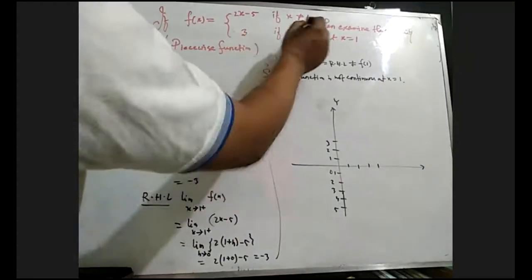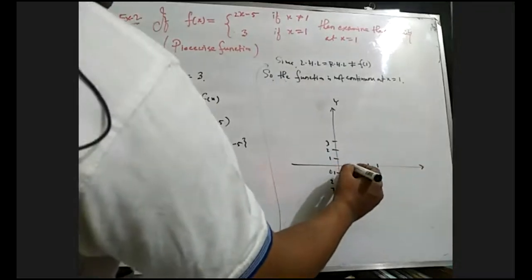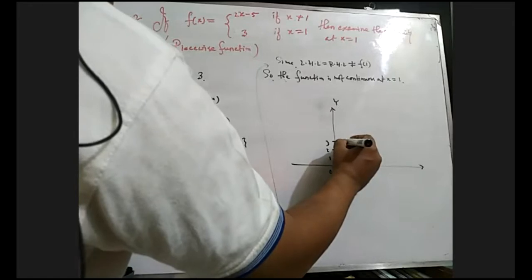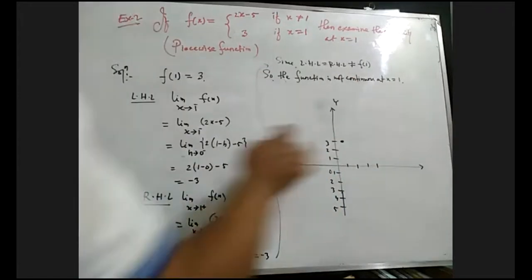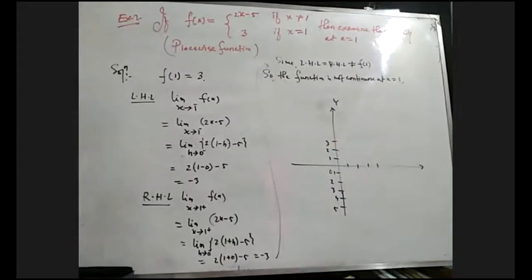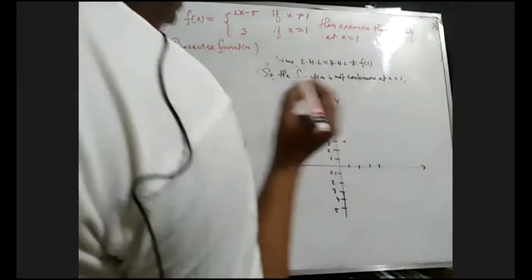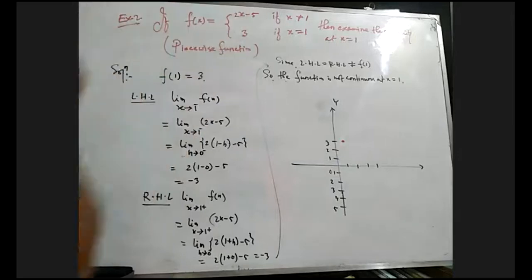So f at x equals 1, f of x equals 3. This is the actual value. We can plot it in red. Suppose this is f of x. And another function, 2x minus 5.